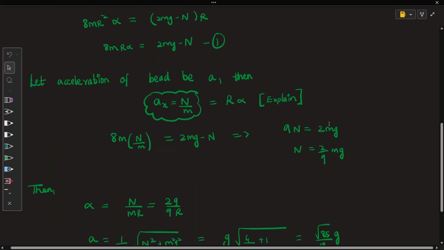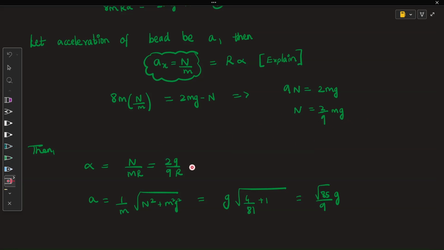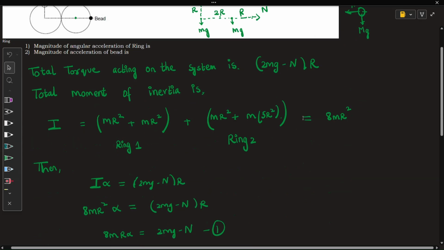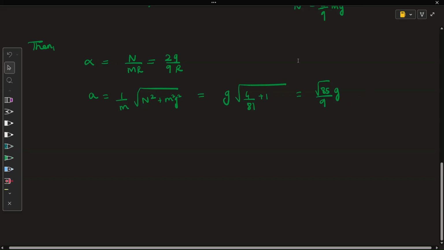So I found the normal reaction. Then what is alpha? Just divide by m: 2 by 9 into g by r. That's it, I got alpha. What about a? I know a_x, and a_y is nothing but g. So directly I can find the magnitude, under root 85 by 9 into g.